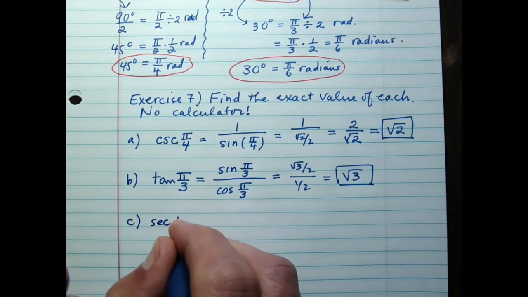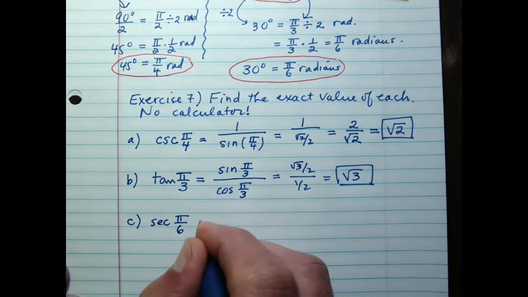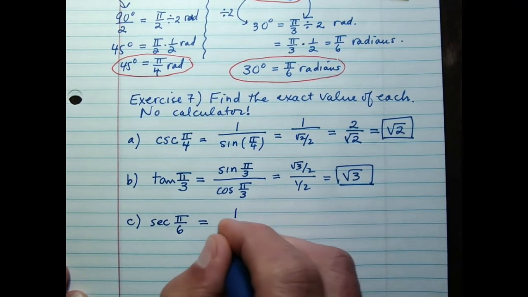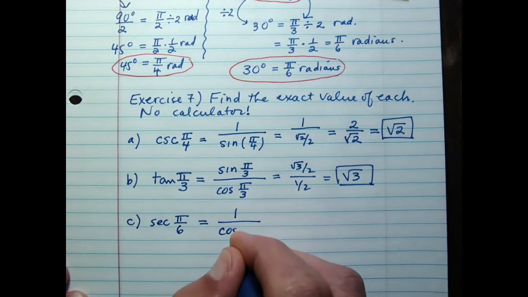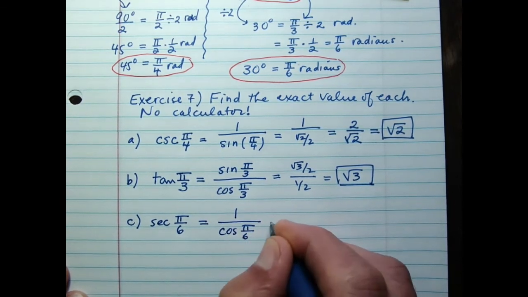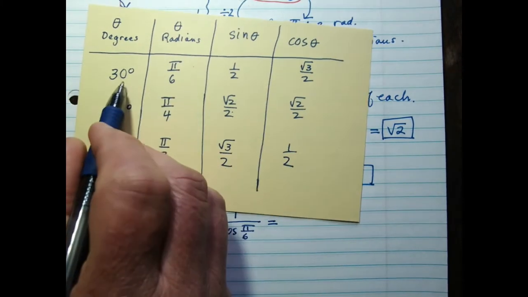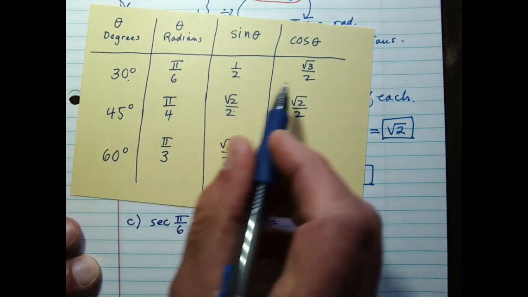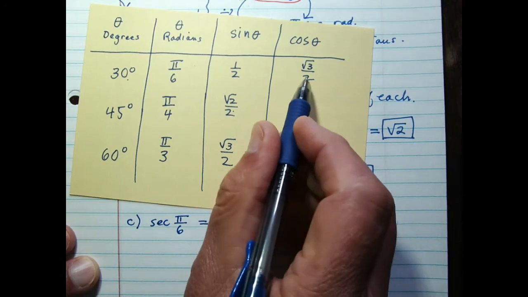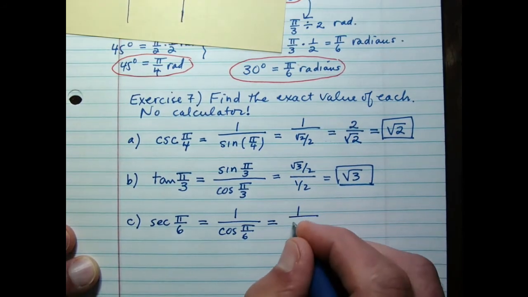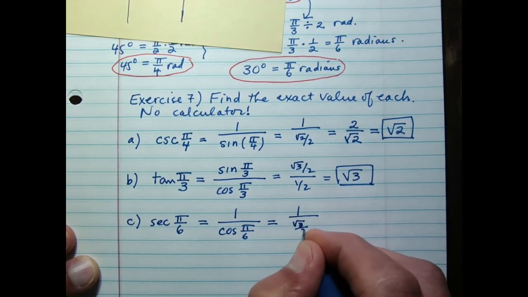One more, secant of pi over 6. Secant is 1 over cosine, so that's 1 over cosine of pi over 6. And pi over 6 is the same as 30 degrees. The cosine of pi over 6 is square root of 3 over 2. So we have 1 over square root of 3 over 2.